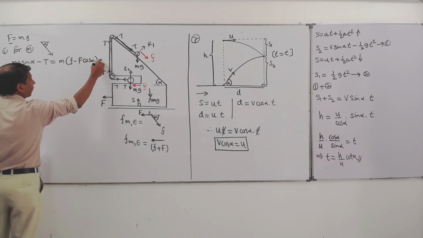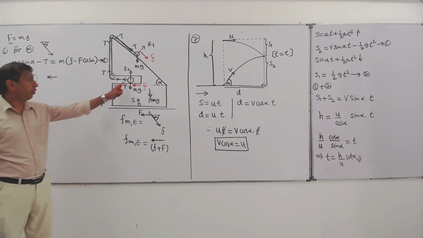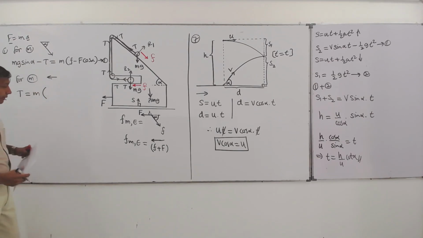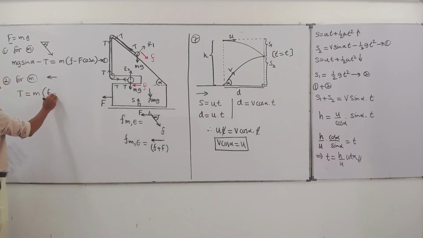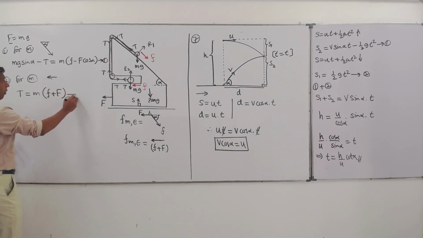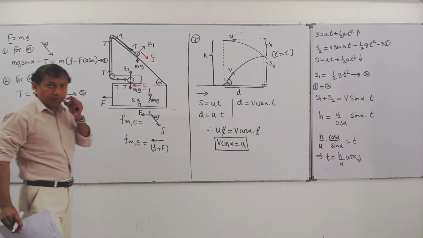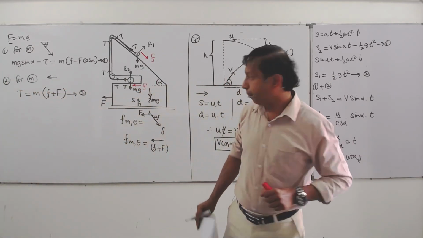Number 1. Secondly, for the other small m, we apply leftward: T equals m times its acceleration relative to earth, here small f plus capital F. Number 2. Whenever we apply F equals ma, the acceleration should be relative to earth.